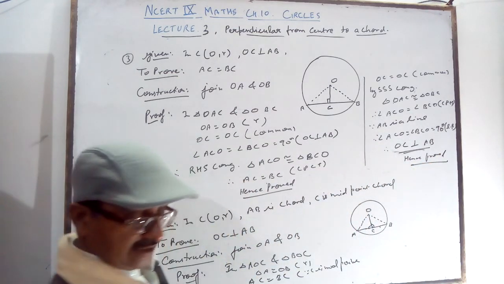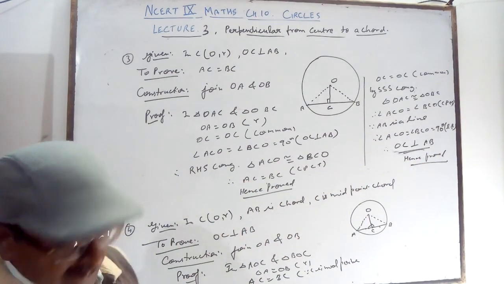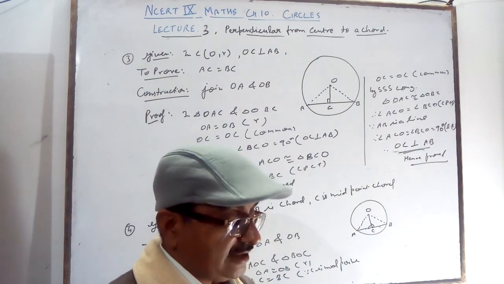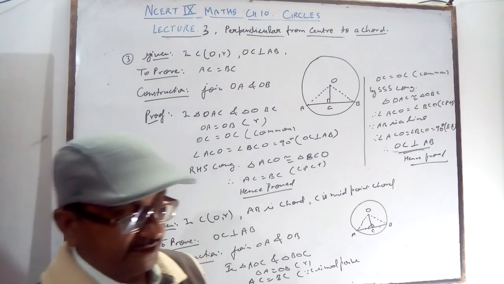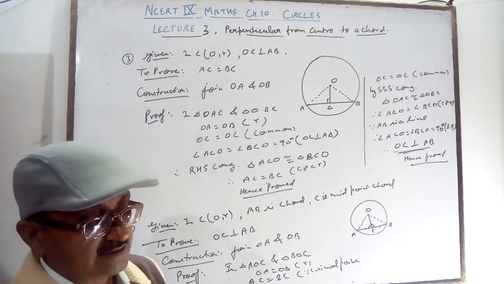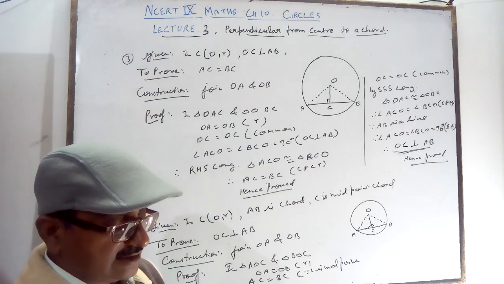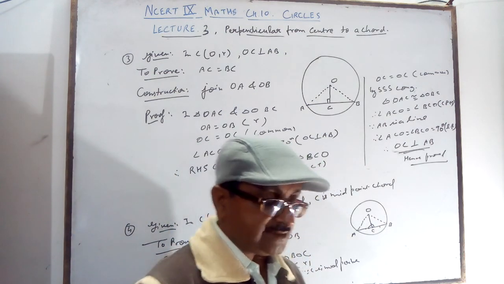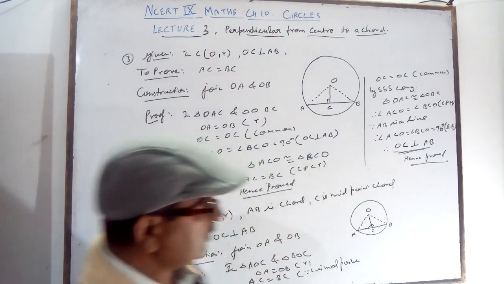You are getting it very simply. It is a very common theorem. So two theorems you have got, third and fourth. The perpendicular from the center bisects the chord, and the converse.